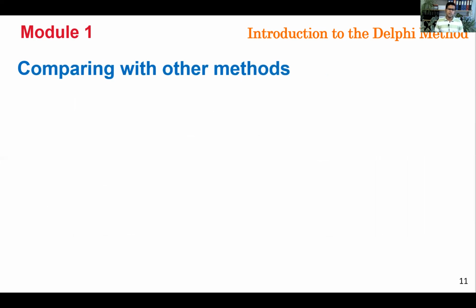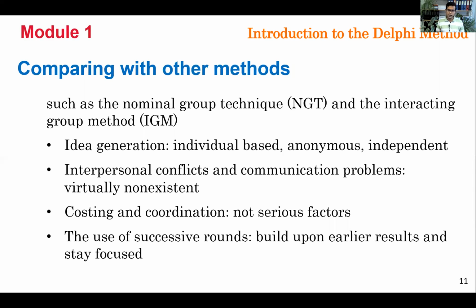Now, comparing Delphi with other methods, other group decision methods also have an established history and following. For example, the nominal group technique and integrating group method are commonly used. The Delphi method offers several advantages over other group methods. For example, first, the idea generation in the Delphi is individual based, anonymous, and independent. Thus, panel members are not swayed by group pressures or vocal members, as can easily happen with NGT and IgM.